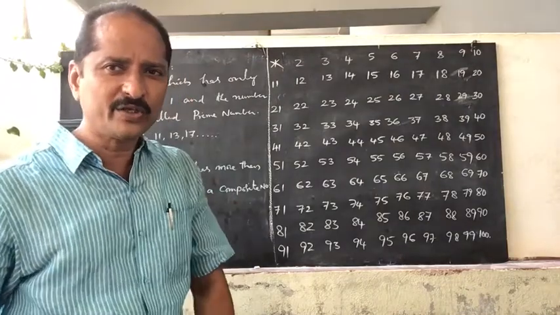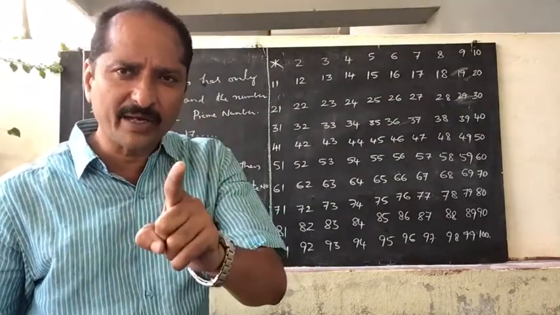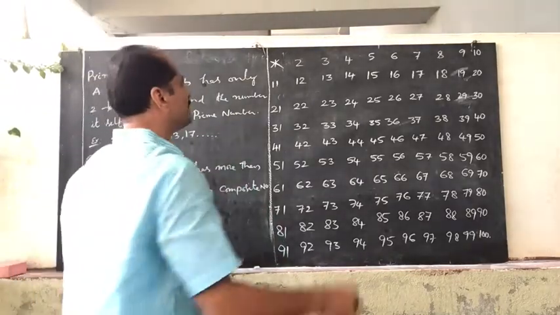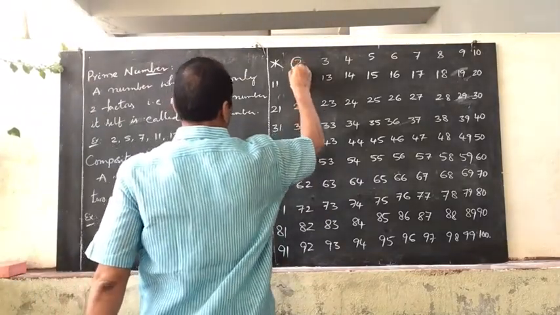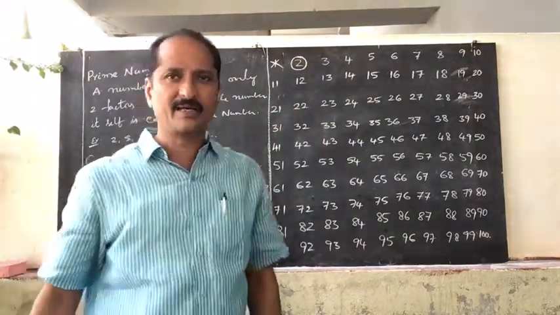And we know that the first and the least and the even prime number is 2. 2 is the even prime number. So strike out, round off this 2. So we can say 2 is a prime number.